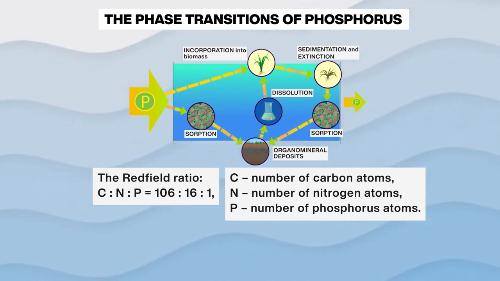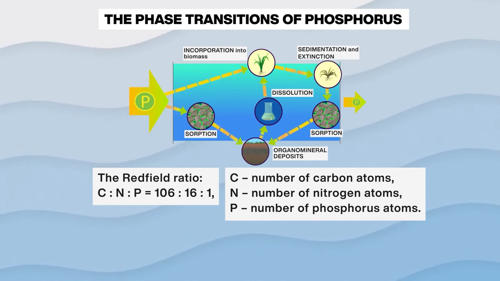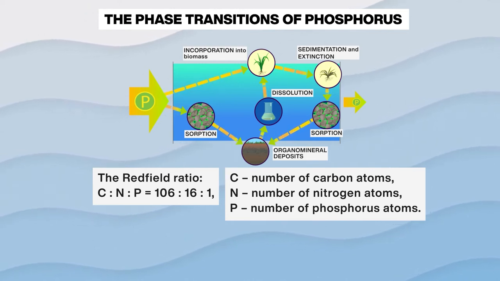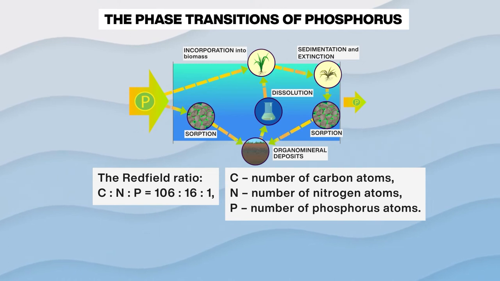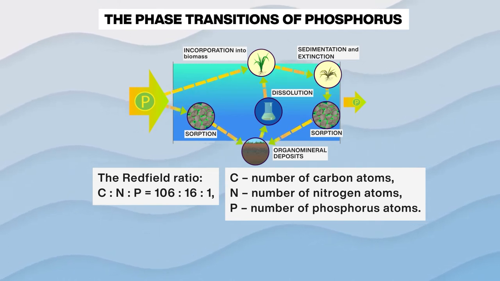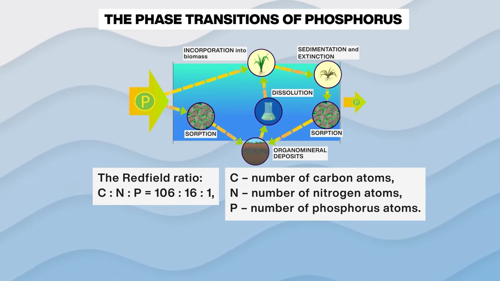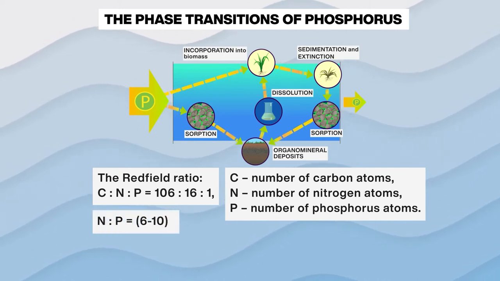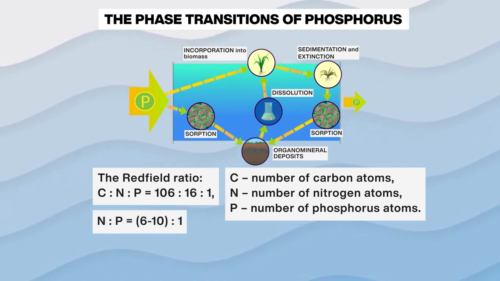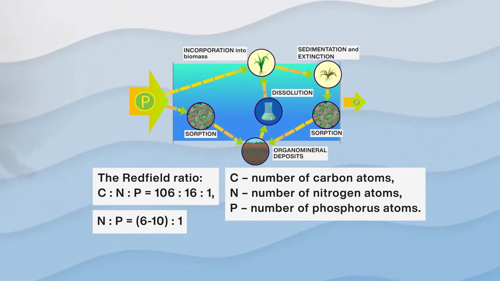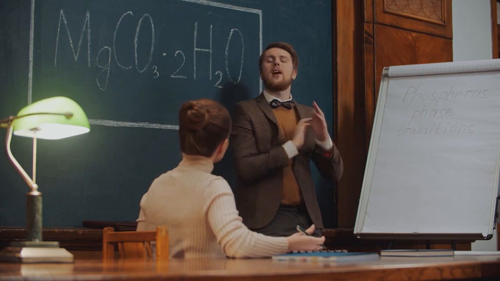Plants only take nitrogen and phosphorus from influent, but only in the proportion of 16 to 1 respectively. However, the amount of nitrogen in wastewater varies from 6 to 10 atoms per 1 atom of phosphorus. Thus, to assimilate 1 atom of phosphorus, on average, wetland plants require twice as much nitrogen atoms. As a result, there is always excess of phosphorus in the wetland. A perfect answer, as always.